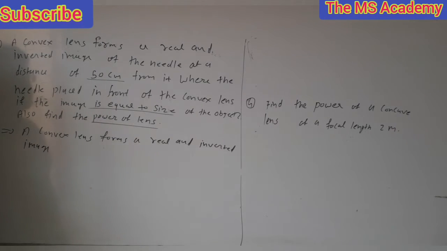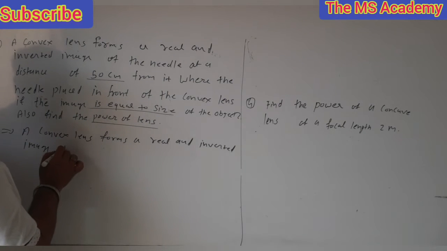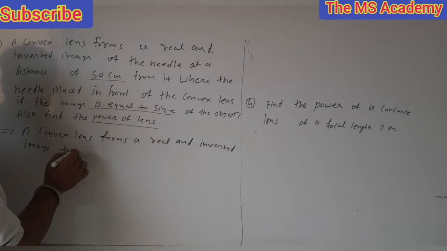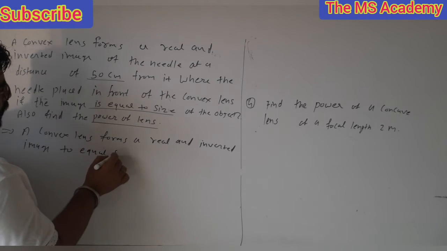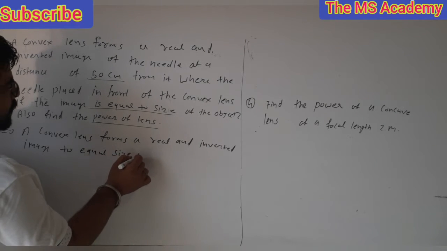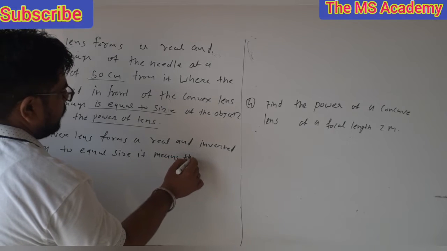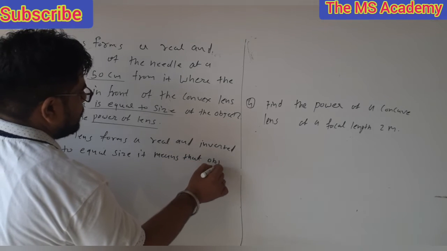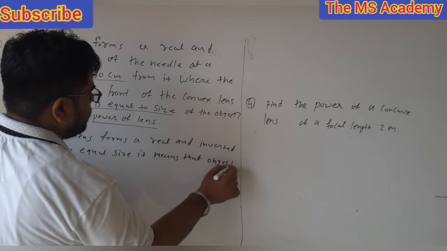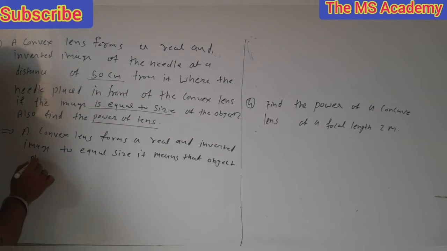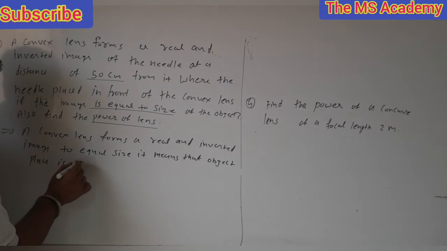Real and inverted image, equal in size. Equal size means that the object placed at 2f.